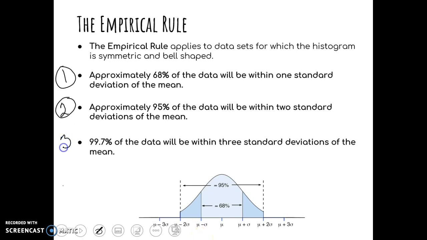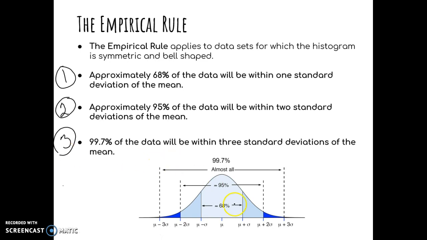And then lastly, if we go out 3 standard deviations, add 3 standard deviations above the mean, subtract 3 standard deviations below the mean, we end up with the boundaries for almost all of the data, 99.7%. Now, because that's true for all symmetric histograms that are bell-shaped, we can use this information to help us make descriptions about the data in regards to these particular percentages and the number of standard deviations.